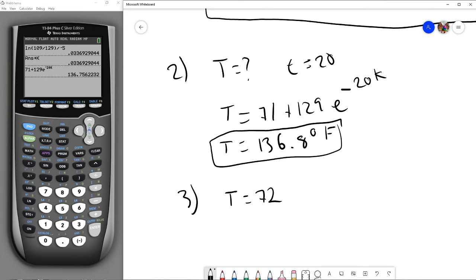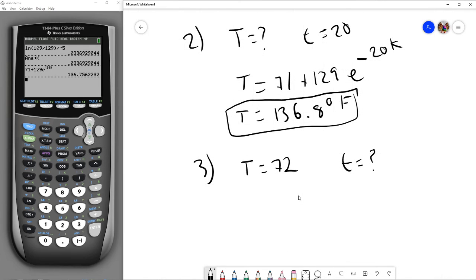So if T is equal to 72, then we'll ask what does t equal? Alright, so let's set this up. So we have 70, oops, I changed this to 72. So 72 is equal to 71 plus 129 e to negative 20k.